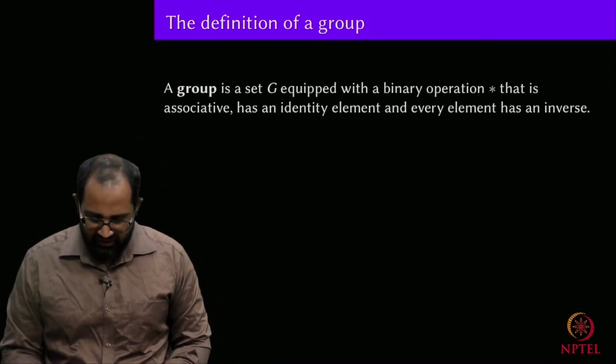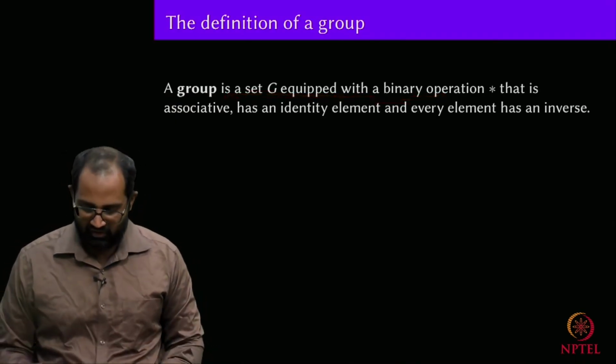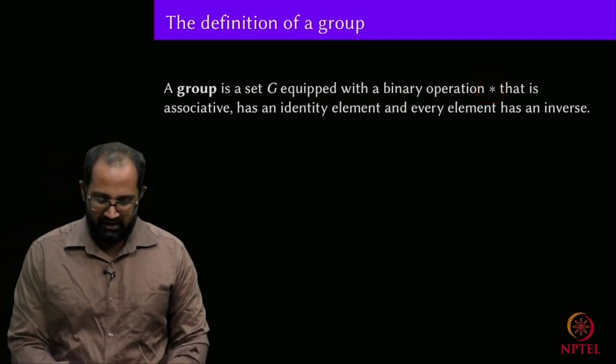A group G is a set equipped with a single binary operation which we call star, and this star should be associative.